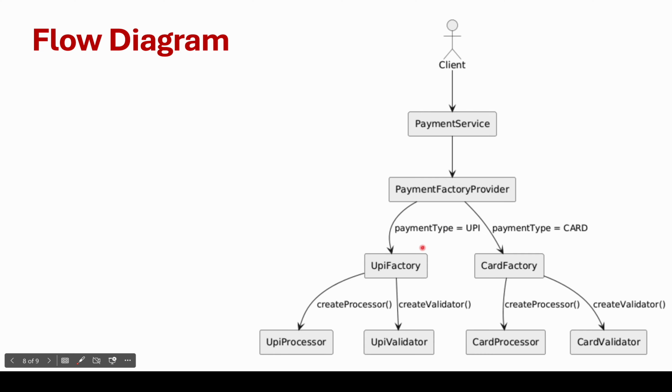If the payment type is UPI, we'll call the UPI factory, and this UPI factory is like a family with two members, UPI processor and UPI validator. This will always ensure that if the payment type is UPI, we are calling only UPI's processor and validator service classes and not someone else's. I hope this flow is clear.